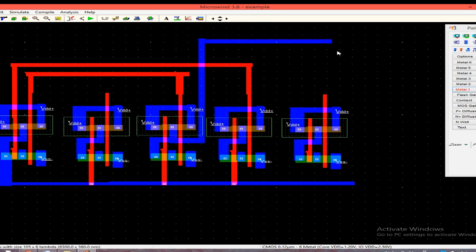So I have taken the metal gate over here, and after taking the metal gate I will have to connect it with polysilicon, where I can see this is a type of MOS gate over here.